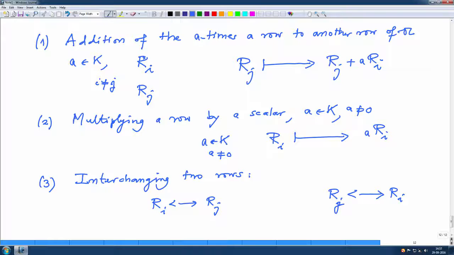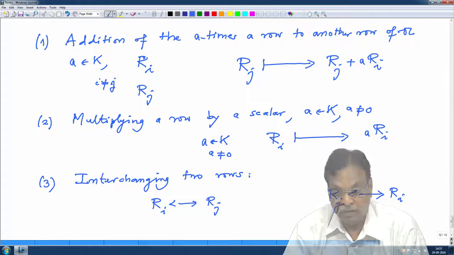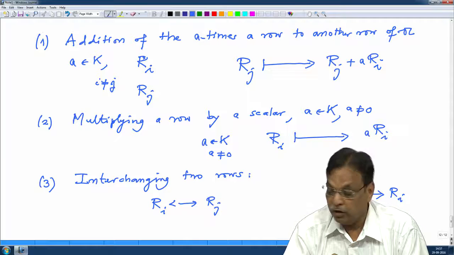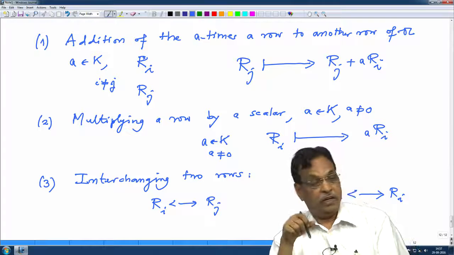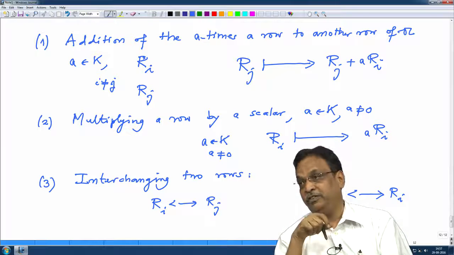But I also want to remark here that I am not going to use column operations, and I am going to use operation 2 very sparingly. The reason being that in the next few lectures I also want to address the problem of computing the rank of not only matrices with entries in a field, but matrices with entries in a ring like the integers.